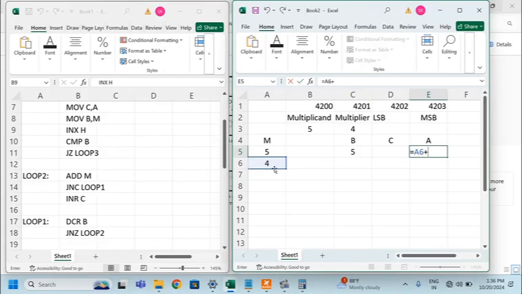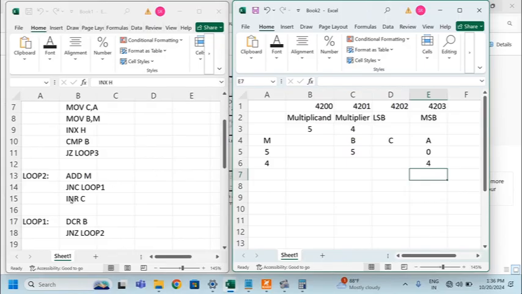The content of accumulator is 0, isn't it? So we will say content of accumulator is 0. I will type it here: accumulator is 0, so it is equal to M plus accumulator content 0. Now we have got a 4.